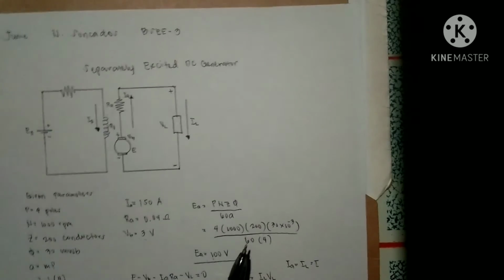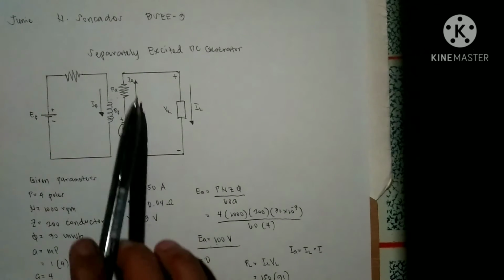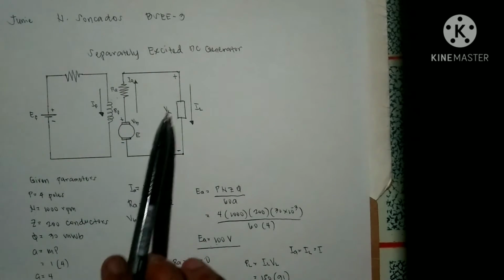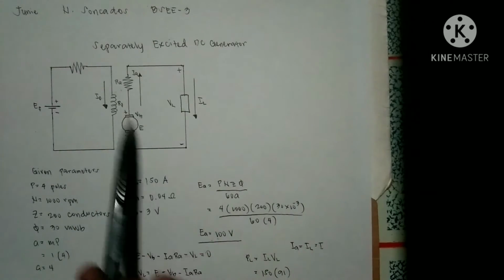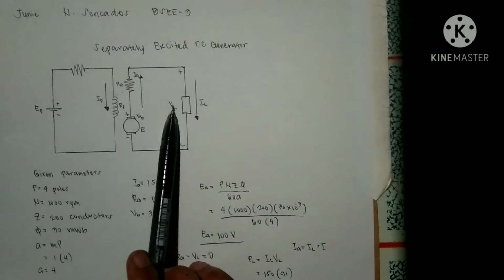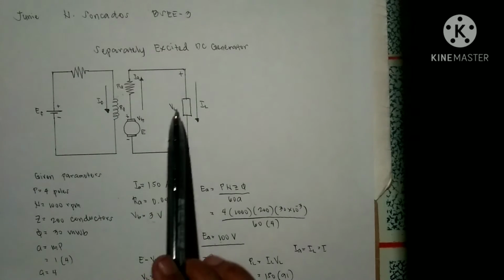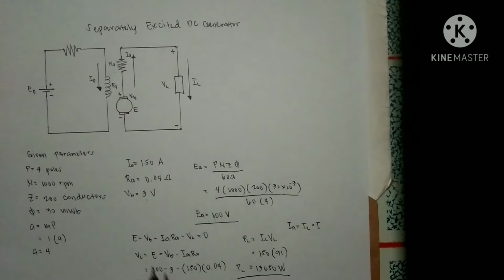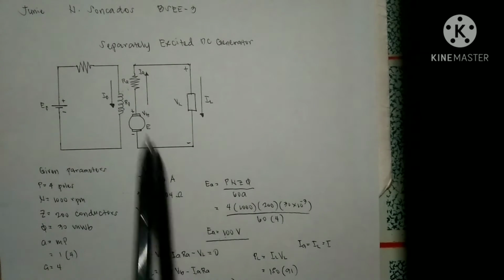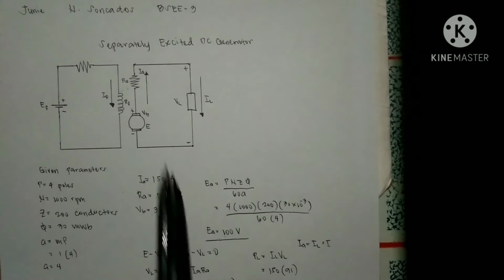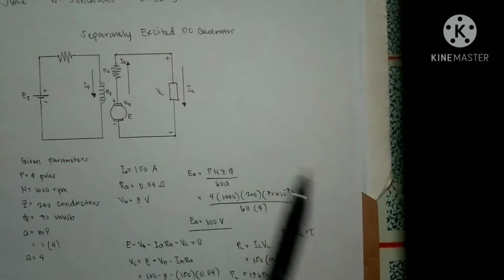After getting the generated EMF, we don't know the VL, or the terminal voltage, so we simply use KVL in order for us to arrive at the value of our load voltage or terminal voltage. Upon applying KVL, E minus VB minus IA times RA minus VL equals zero.